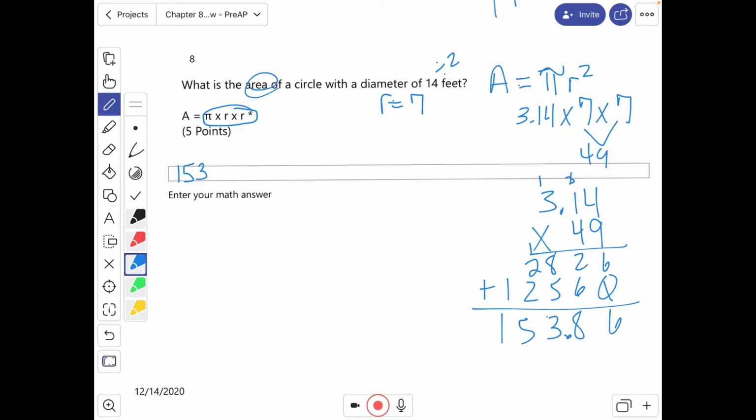So that would be 153.86. And again, that's feet squared.